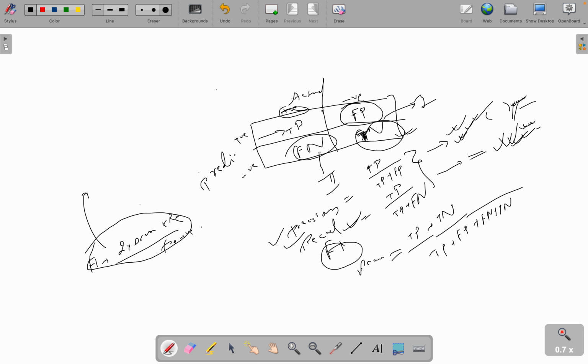So what is the use of it? Suppose one model is giving me a precision value and a recall value, and I just want to increase the value of precision. So I have increased the value of precision and my F1 score drastically went down.